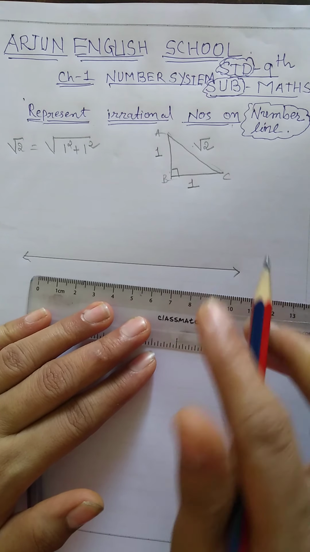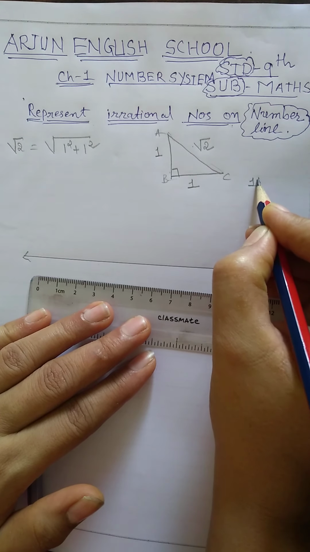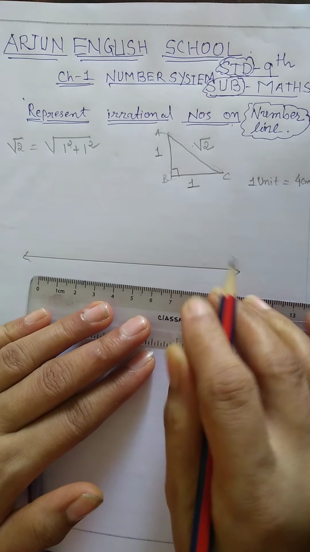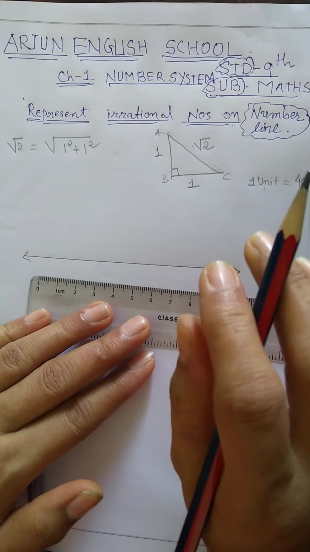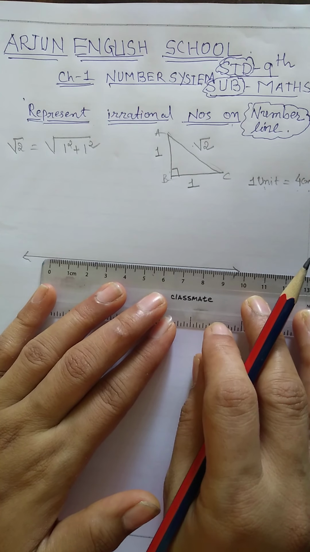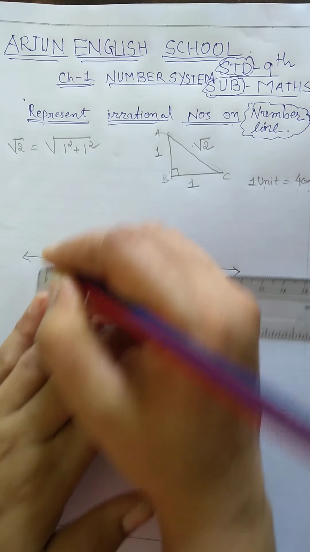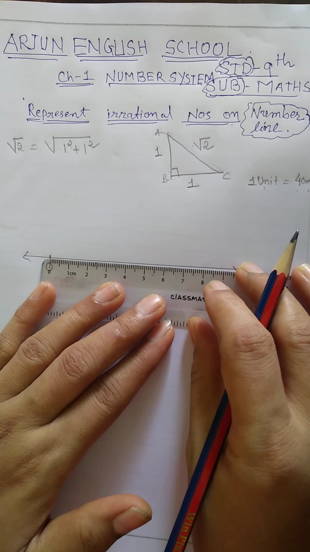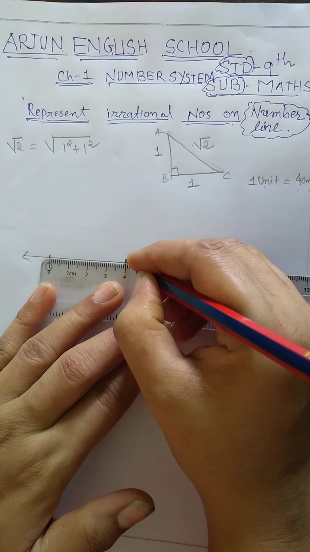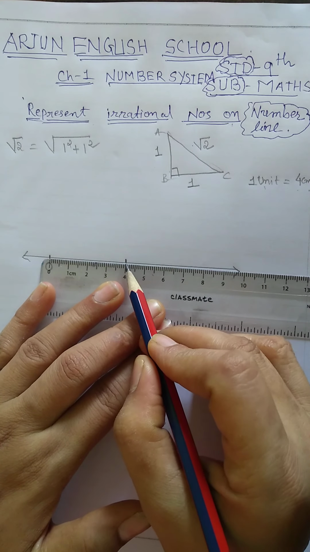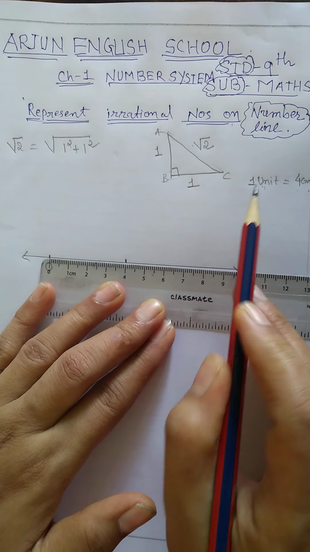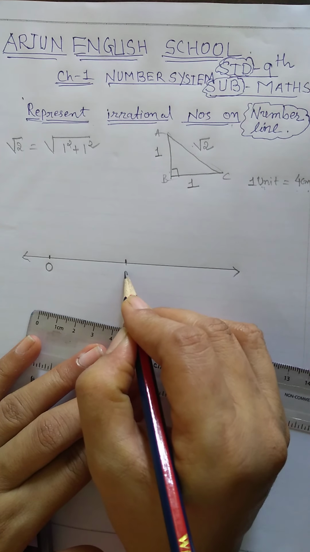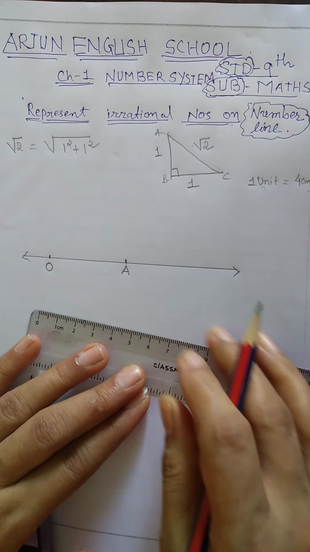That's why now I will take 1 unit equal to 4 centimeters. Now I am taking one point on this line, and I will denote it as O. From O, I am taking 4 centimeters, which represents 1 unit. This point I am getting, I will denote it as A.